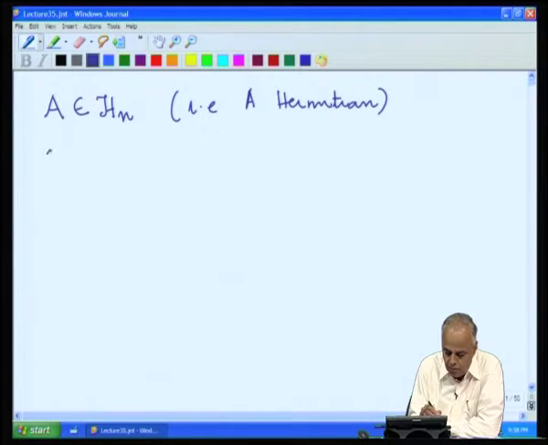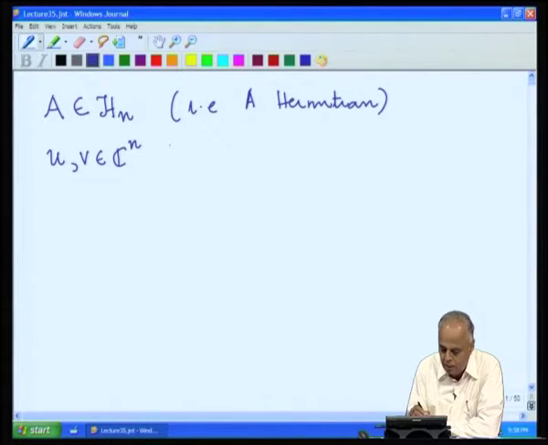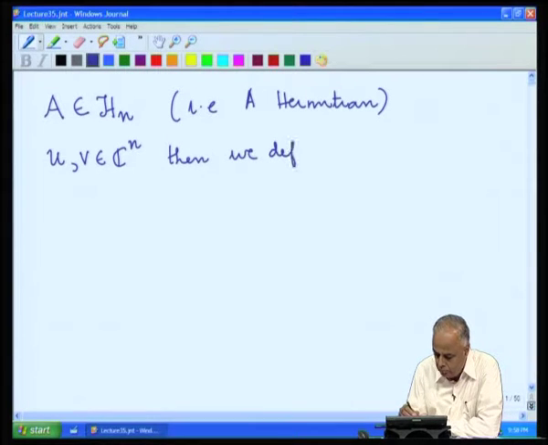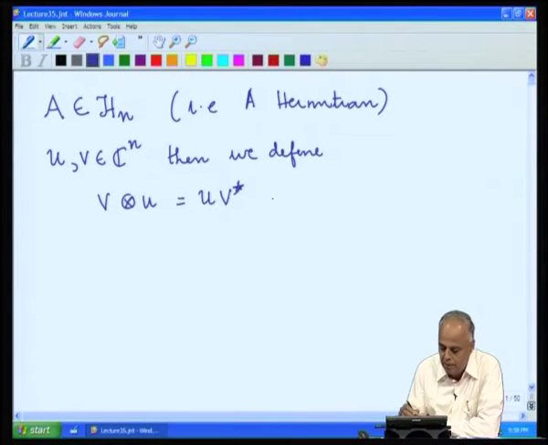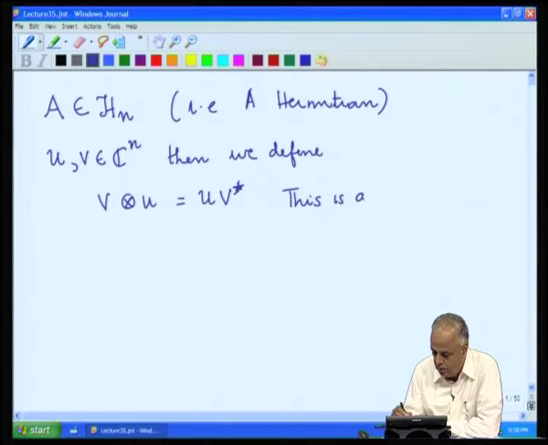Now, we will follow the notation. Let us recall, if U and V are in Cn, then we define V tensor U to be the matrix U V star. Notice that this is an n by n matrix.